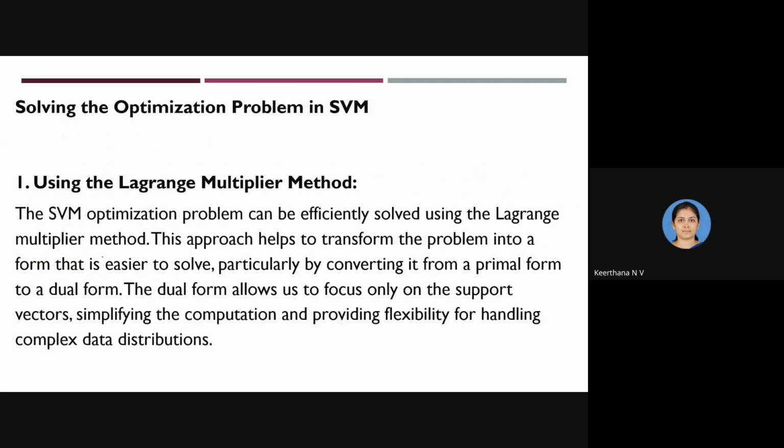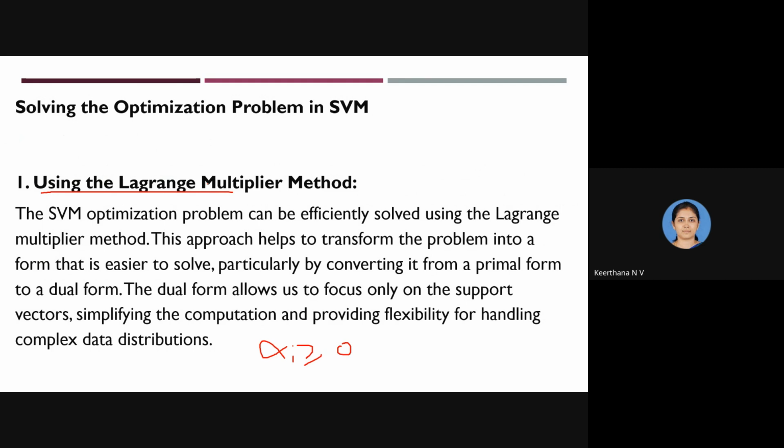So how are you going to solve the optimization problem? As I have said, to solve the optimization problem we are going to use the Lagrange dual formulation. Here we introduce the non-negative multipliers alpha i, which should be greater than or equal to 0.